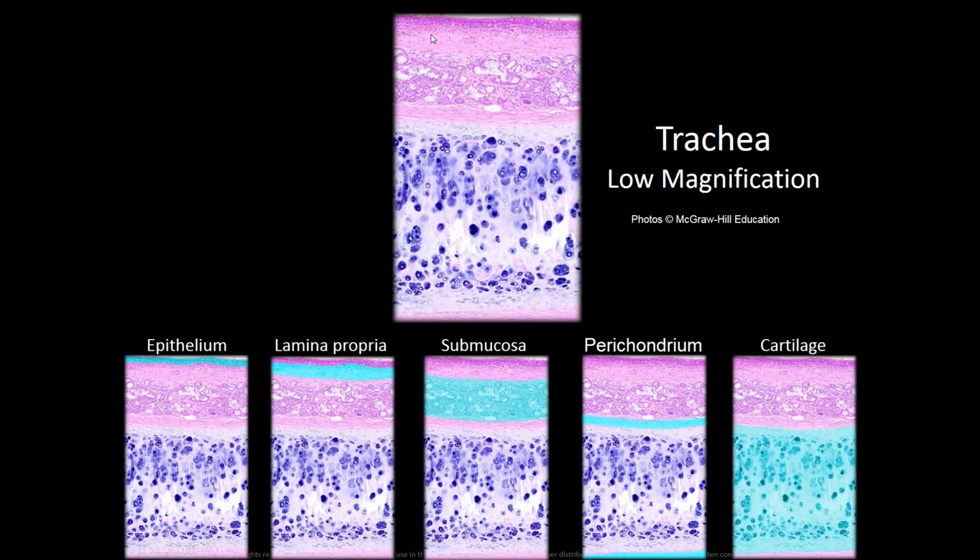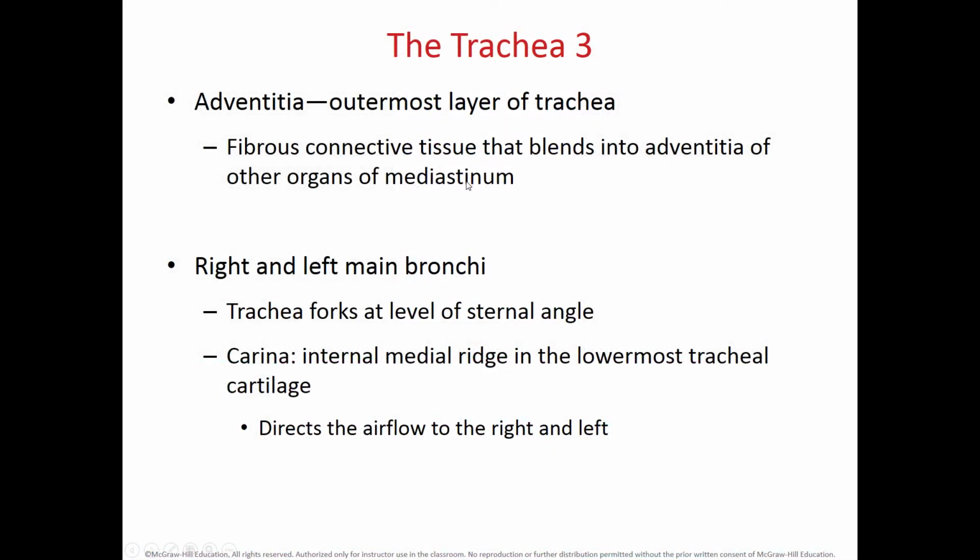And then here we have this connective tissue that is made by lamina propria, submucosa, and perichondrium. And then here we have cartilage. The other layer of the trachea is the adventitia, which is made out of fibrous connective tissue that will blend into the organs of the mediastinum.